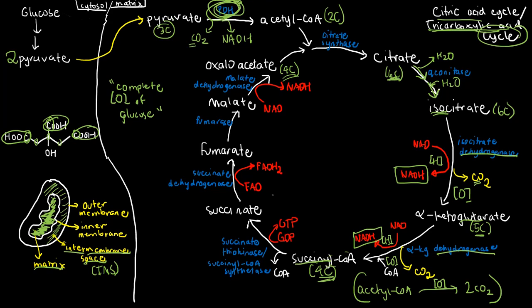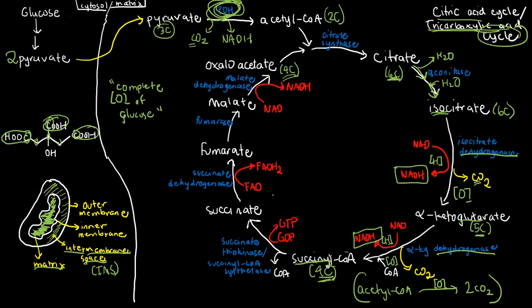From pyruvate. Where did this pyruvate come from? From glucose. So, in a way, these carbons that you oxidized into carbon dioxide originally came from glucose. Thus, this definition is legitimate. Well, before we get too ahead of ourselves, let us not forget I have yet to discuss the rest of the pathway, so let's proceed.